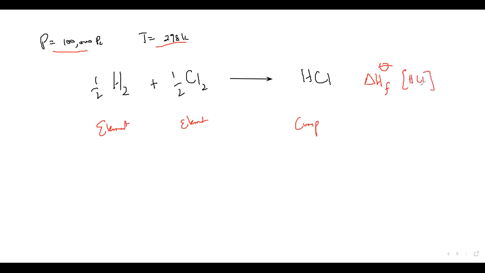The energy change which occurs might be endothermic or exothermic, but the energy change which occurs in this reaction when hydrogen reacts with chlorine to form hydrogen chloride, we call that the standard enthalpy change of formation of HCl. Is the concept of standard enthalpy change clear? Yes, sir.